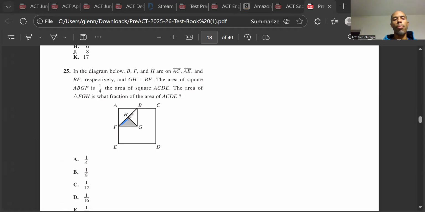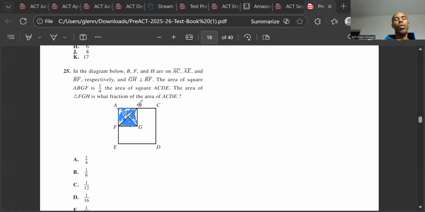What piece does this represent if we were to make equal pieces throughout the figure? That's what it's asking. So we've got the one that's shaded already. We'd have another one here, another one there, and then another one there.